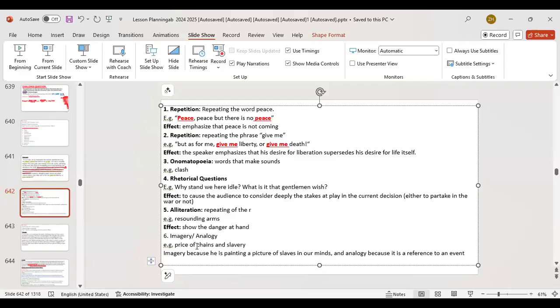An analogy because it is a reference to a period where slaves were bound.